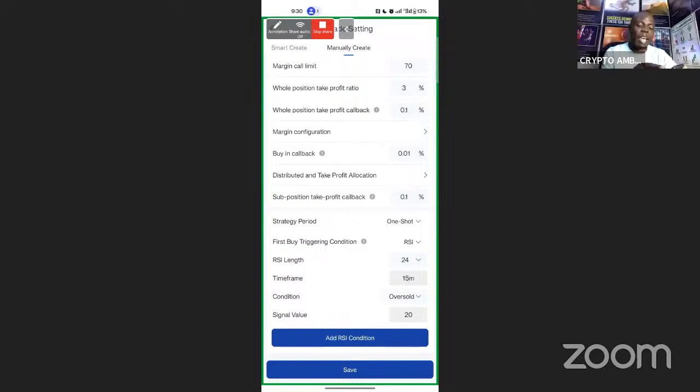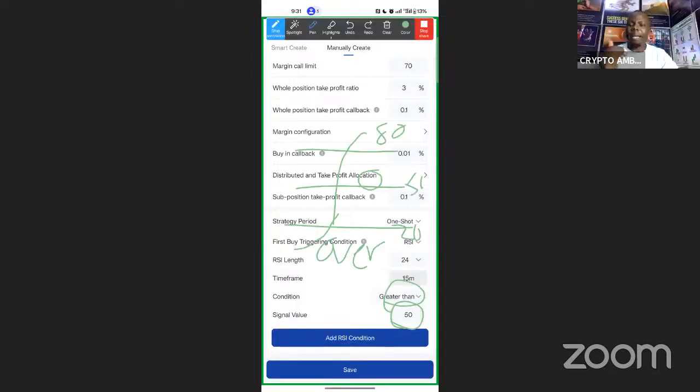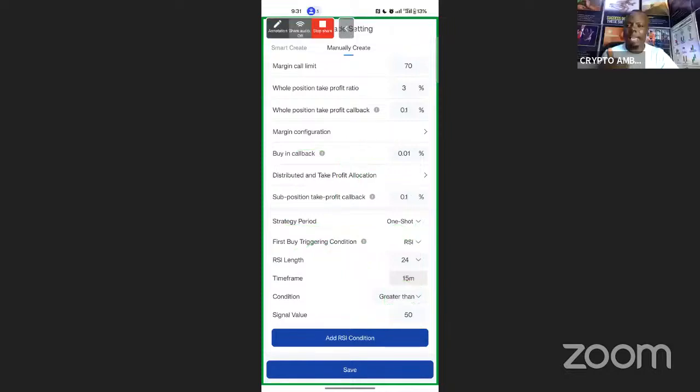Give me a 5 in the chat if you have understood. So when the RSI of this coin I want to choose goes above 50, that is when my robot will buy.